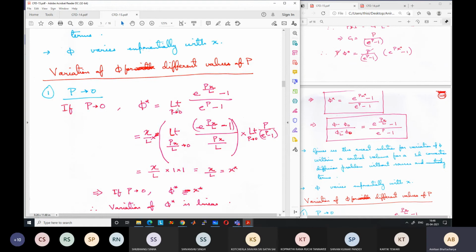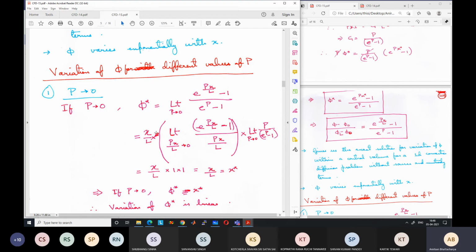Okay. At the limit P tends to 0. By taking x by L outside, we can take the numerator e to the power Px by L minus 1 and divide it by Px by L. Okay.